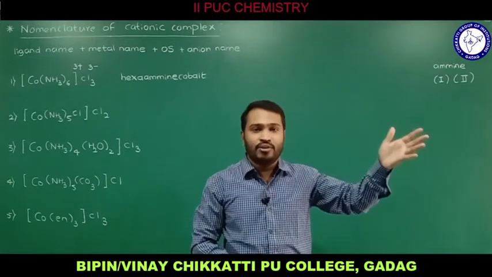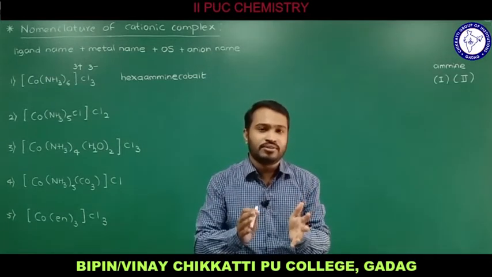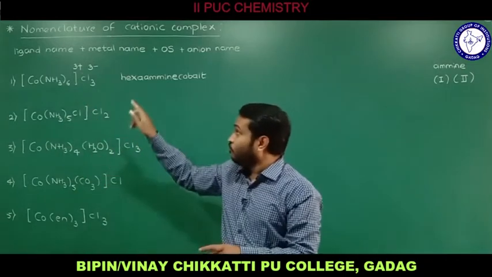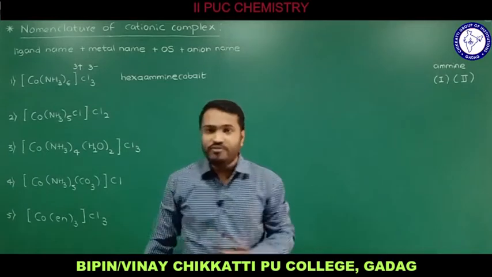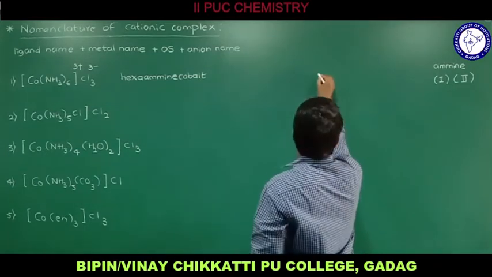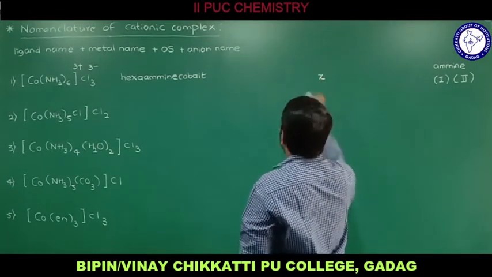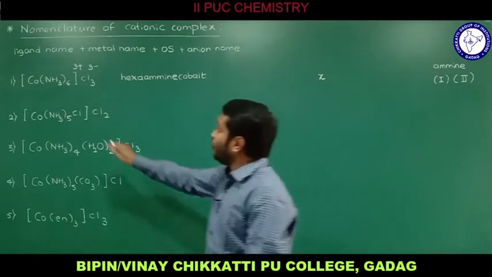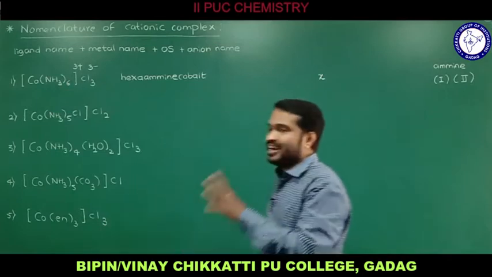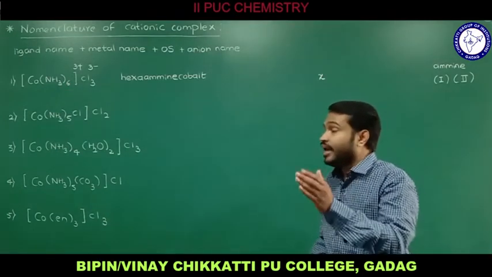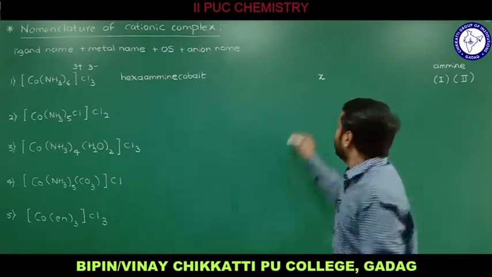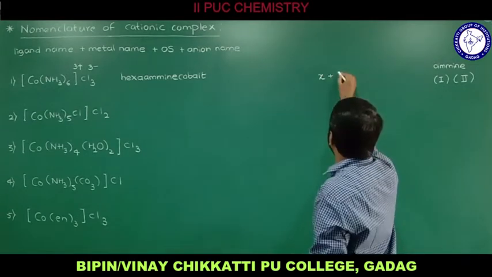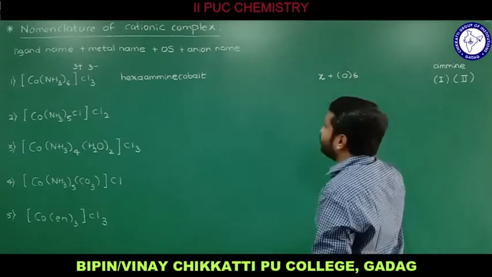In case of an ion, the sum of oxidation numbers is equal to the charge present on the ion. Considering the complex as a whole, we are interested in calculating the oxidation number of cobalt, therefore I write X. Now we have one kind of ligand, NH3. As we know, NH3 is a neutral ligand, so I write 0, but we have 6, so 6 into 0 you are supposed to consider.